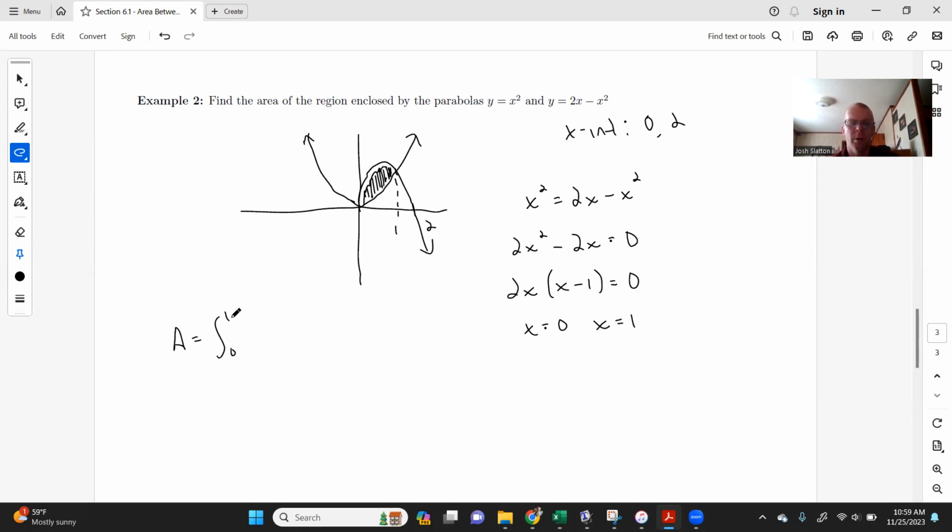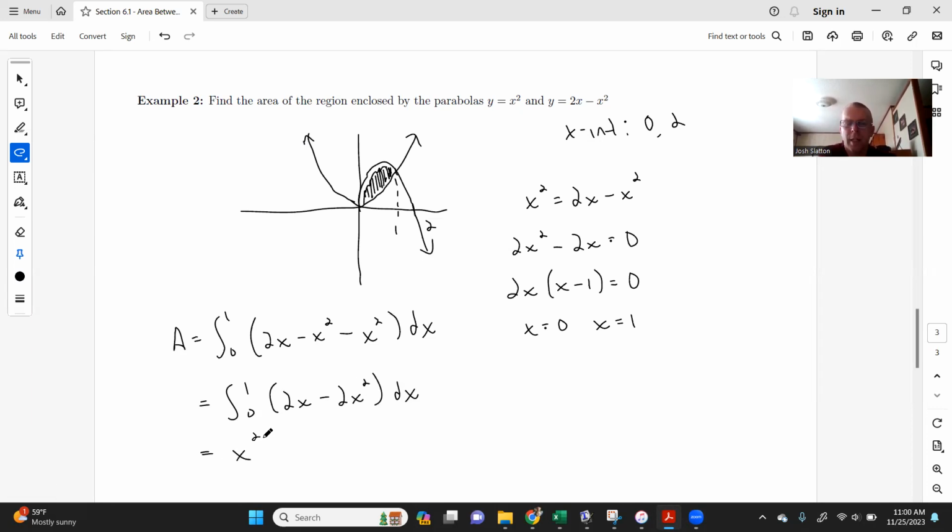So the area is the integral from 0 to 1 of 2x minus x squared, and then minus x squared. This is y equals x squared, and this is y equals 2x minus x squared, dx. Of course, we can combine our terms: 2x minus 2x squared.